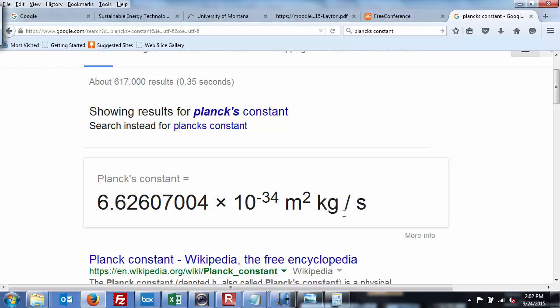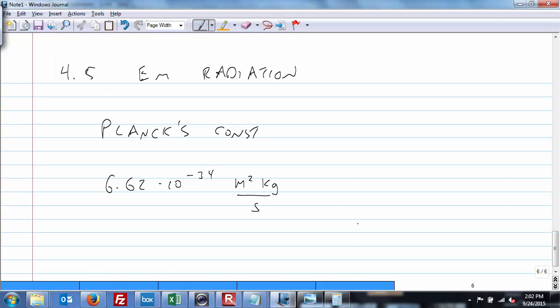All right. So what's missing from this thing to actually make it look like energy? Because the kilograms are mass, the meters squared are length squared. What's missing from this thing to actually have it just be energy? I'm missing one time in the denominator.